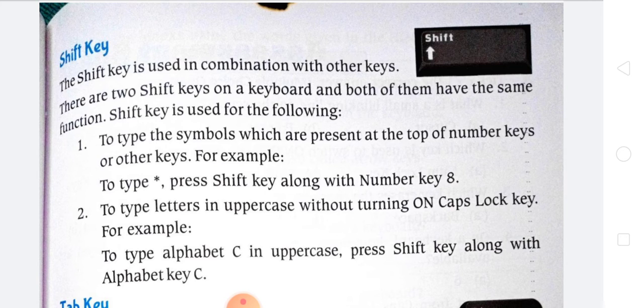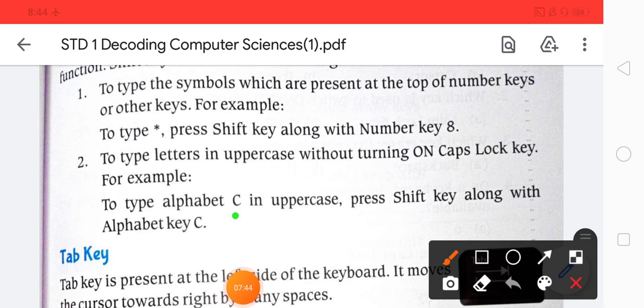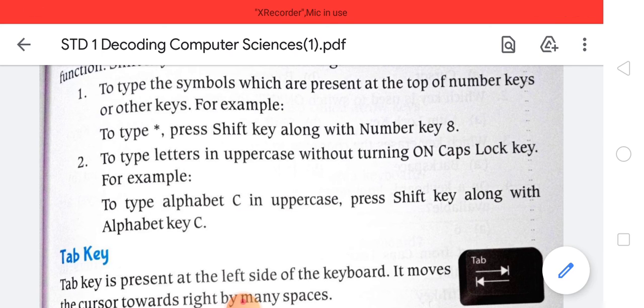For example, to type a star, press the shift key along with the number key 8. Then to type letters in uppercase without turning on the caps lock key, you press the shift key first and the letter you want. You have to press both at a time, the shift key and the letter key. The shift key helps you to get the letter in uppercase. Then the tab key.